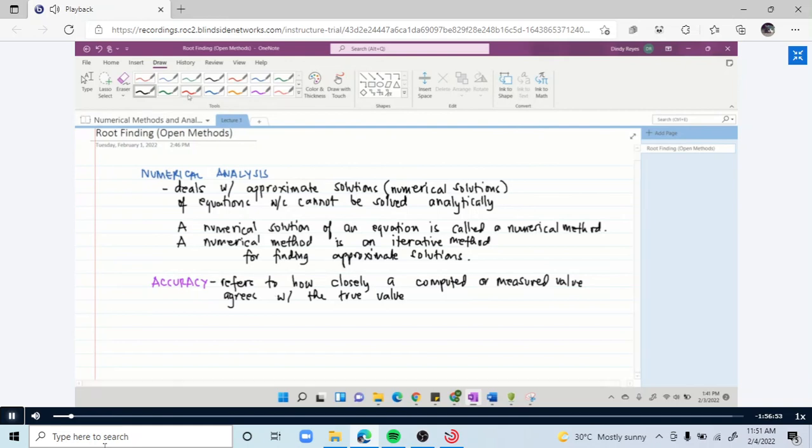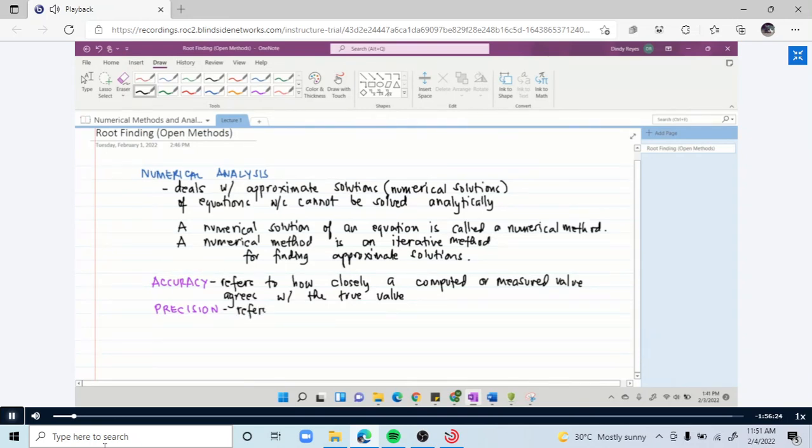Okay. So on the other hand, we have the term precision. What's the difference between the two? Term accuracy refers to how closely a computed value agrees with the true value, right? Now, this one refers to how closely an individual computed or measured value agrees with each other. So, individually naman, yung mga approximations natin, how are they related to each other? So, ganun siya, ha?